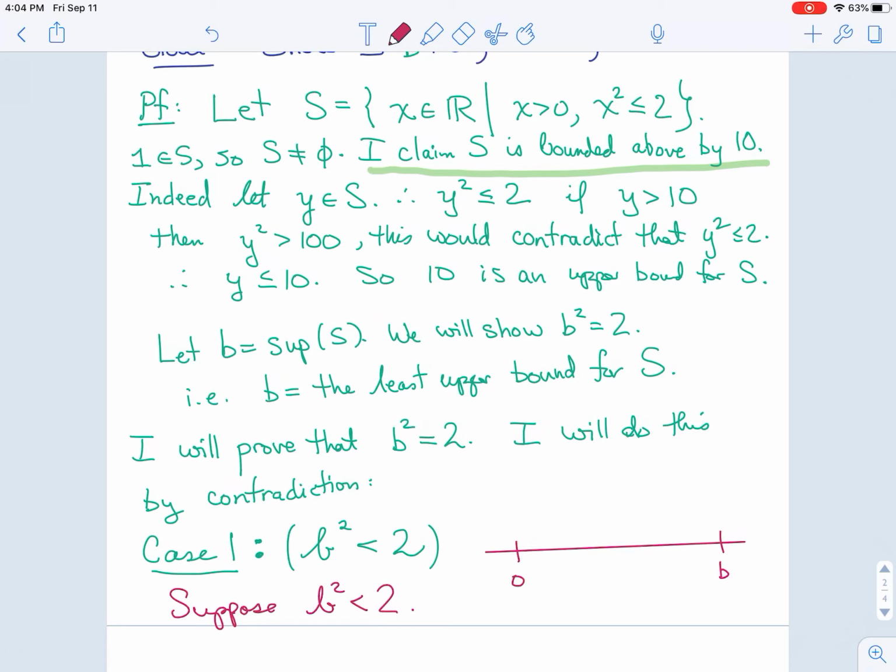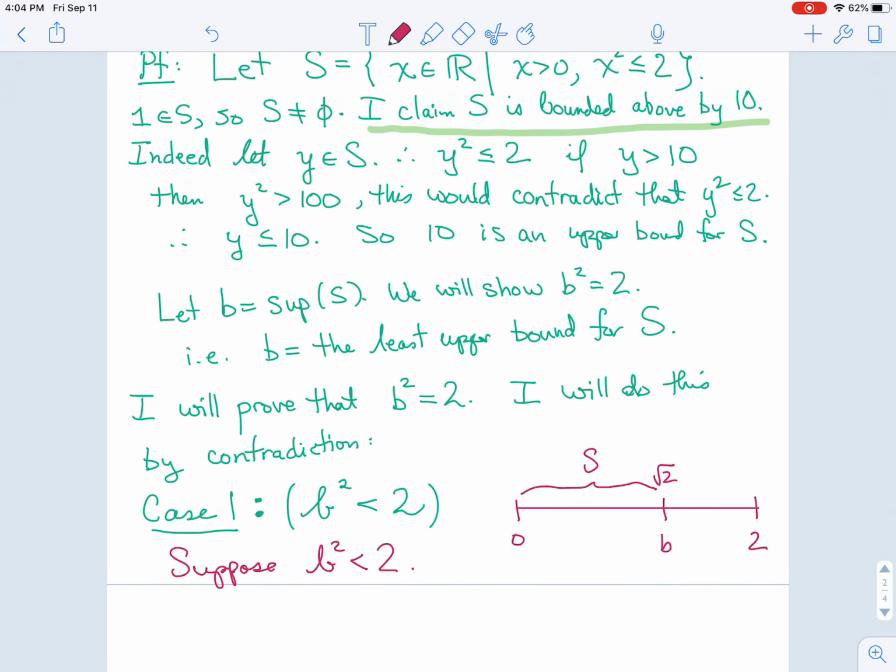Here's B. So here's our number line. So here's B, which again we know is going to be the square root of 2. And here's 2. And here is our set S.